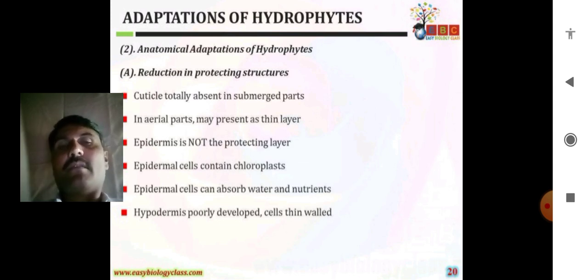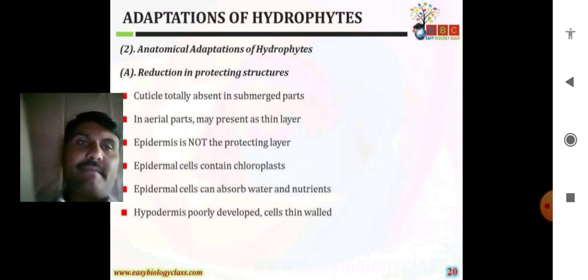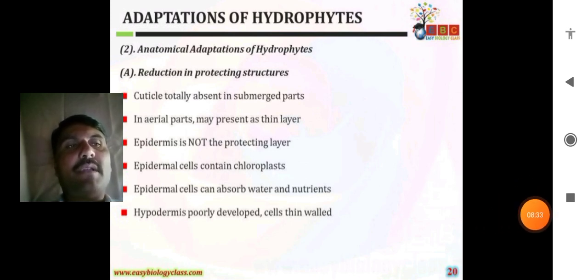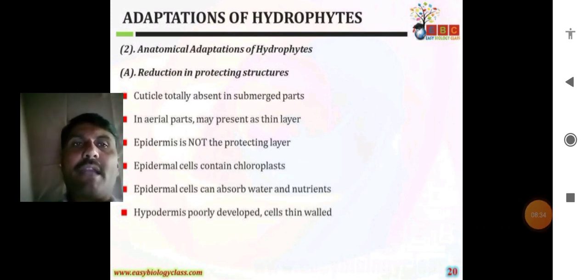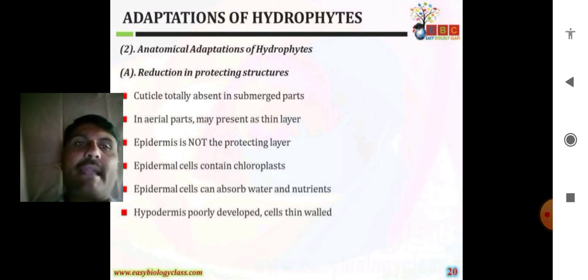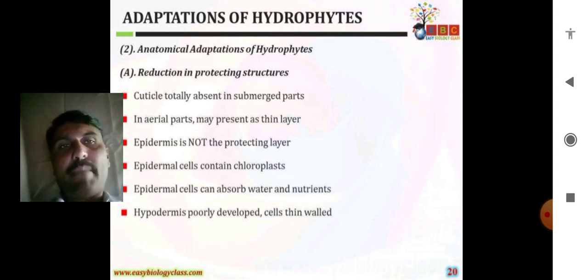Epidermis does not act as a protecting layer, and thus these cells contain chloroplasts in the epidermal cells. Though they are not acting as a protecting layer, they may act as a photosynthetic apparatus.